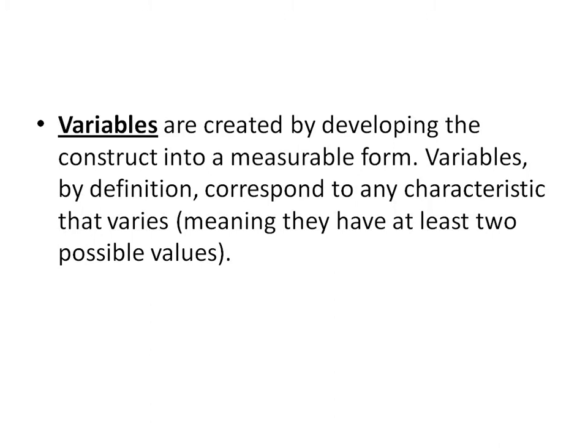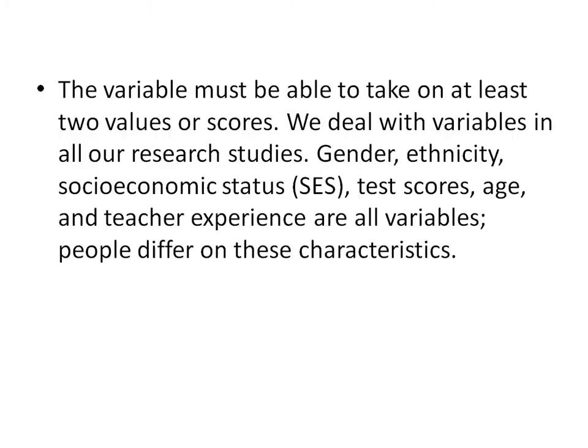So the word variable means any concept or anything that changes, that varies. The variable must be able to take on at least two values or scores. We deal with variables in all our research studies.